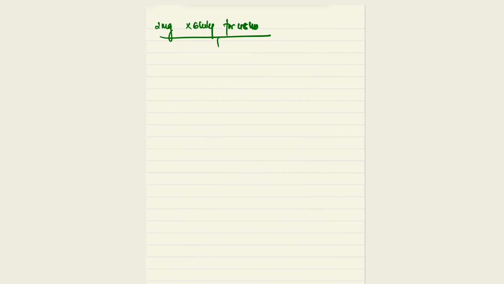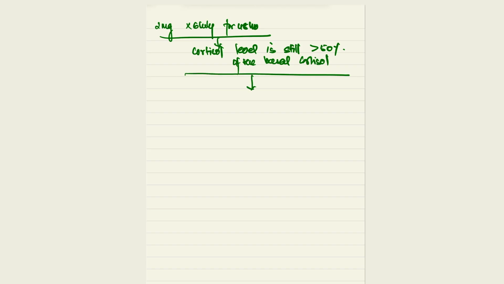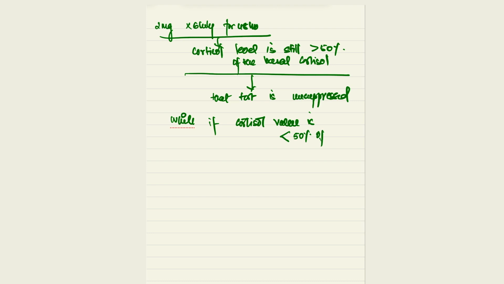And we do a basal serum cortisol before starting the test. And if the final cortisol levels after the 2 milligram of DEXA for 48 hours every 6 hourly, after that, the cortisol level is still more than 50% of the basal value, that means that the test is unsuppressed. While if the cortisol value is less than 50% of the basal cortisol value, that means this HD-DST is suppressed.